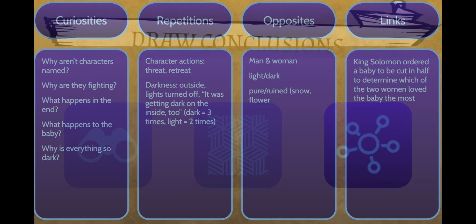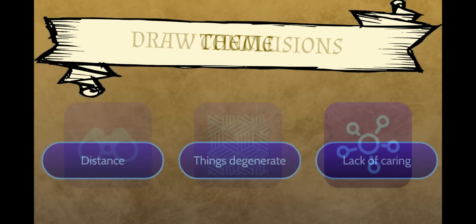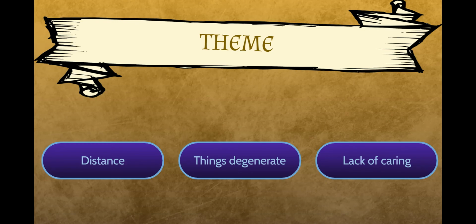And then the last thing we want to do is draw conclusions and look at how we can connect ideas together. This is where theme comes in. What I noticed here, one, is this theme of distance. We've got the couple that is distant from each other. The narrator is very distant, where we don't have any names, we don't have descriptions and all that.